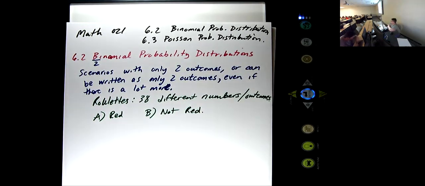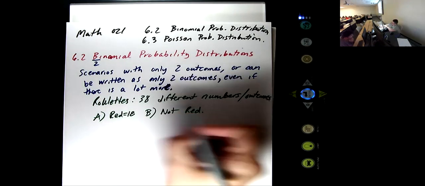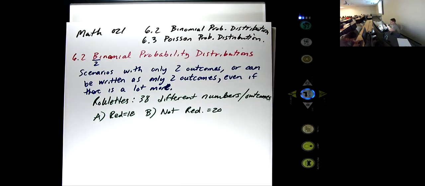And now I've broken it down into two categories, and that covers all of the outcomes. There's 18 outcomes in the red, and there's 20 outcomes in the not red. But it's down to two outcomes. So that's what I mean: it may have more than two, but we can break it down into two. Sometimes it's just saying this or not this, like rolling doubles or not rolling doubles.